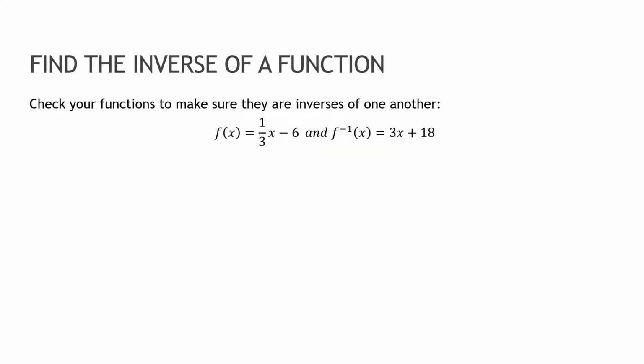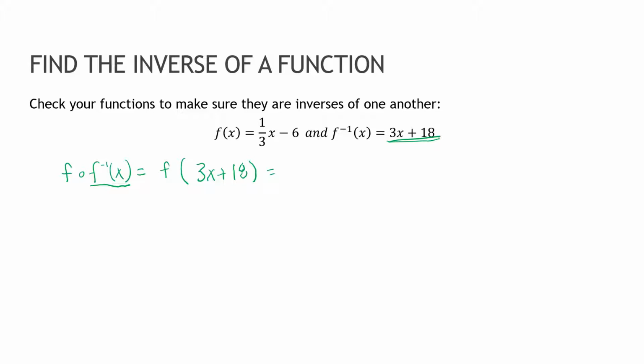So again, here's my two solutions from before, my original equation and my new inverse. So I'm going to take f of f inverse of x, and hopefully I get x when I'm all done. So this would be f of 3x plus 18. So I'm just replacing f inverse of x with the function that is the inverse.